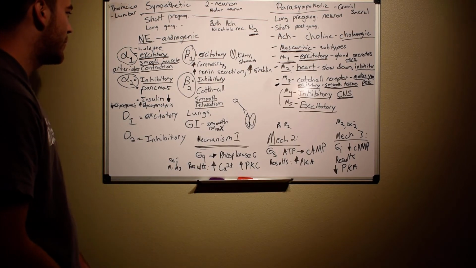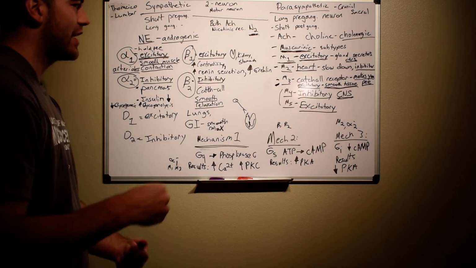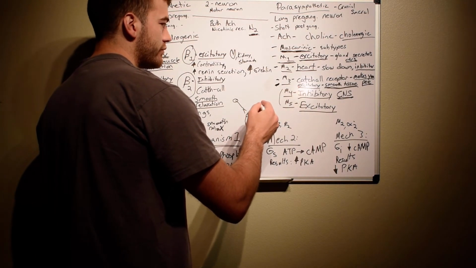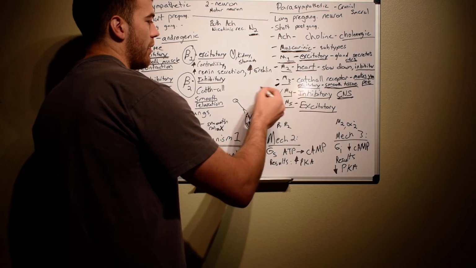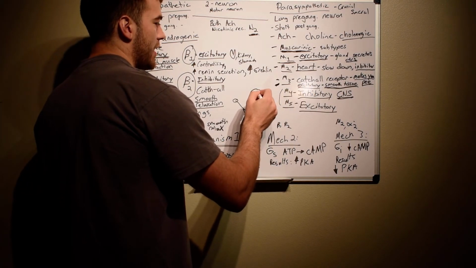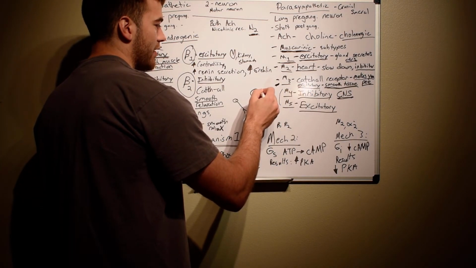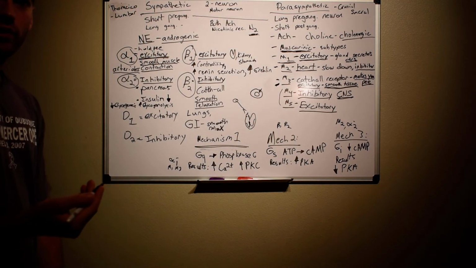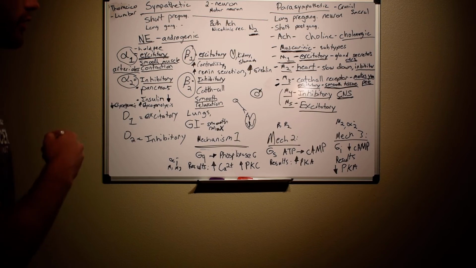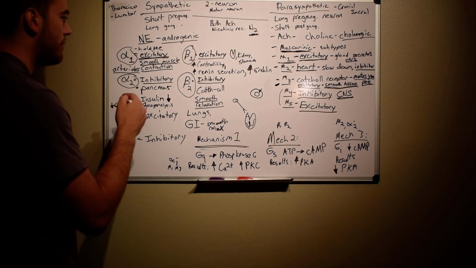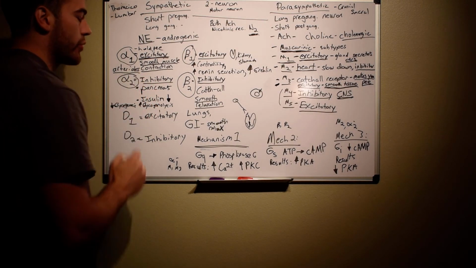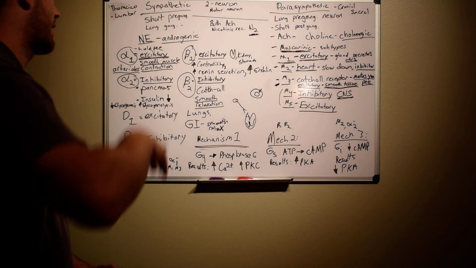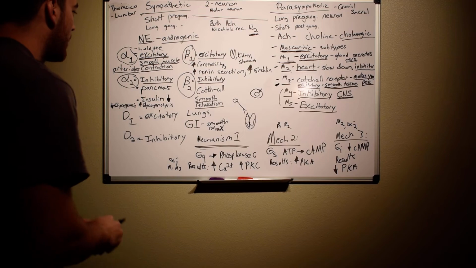So when we contract these, it's just like the idea of the lumen of the bronchioles in the lungs. It's going to decrease in size, okay? And when that happens, what do we get? It makes things harder to go through, right? Just like it makes air harder to go through in the lungs, it's going to make blood harder to go through in the arteries. Thus, it's going to make your blood pressure skyrocket much higher, okay?